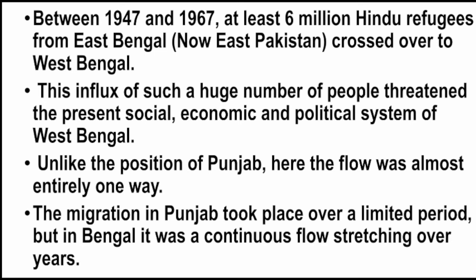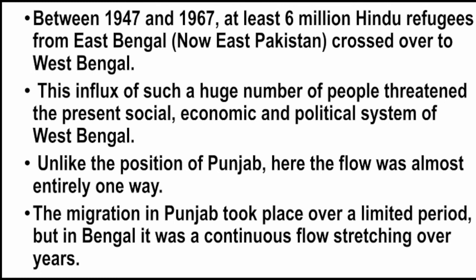Unlike the position of Punjab, here the flow was almost entirely one way. The migration in Punjab took place over a limited period, but in Bengal it was a continuous flow stretching over years. To rehabilitate the people who were coming from East Bengal, now East Pakistan, was a Herculean task for the government.